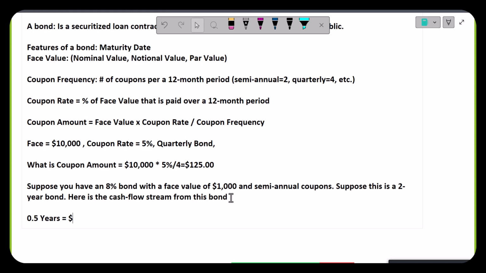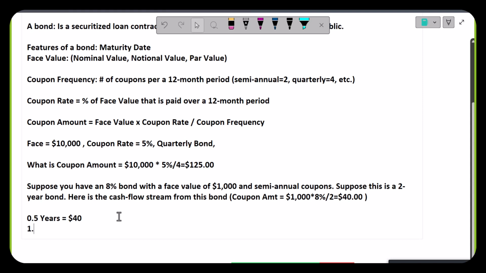$40, 1,000 times 8% divided by 2. That's the first coupon. In 1 year, you're gonna get another 40.